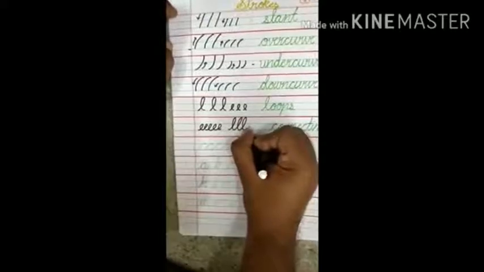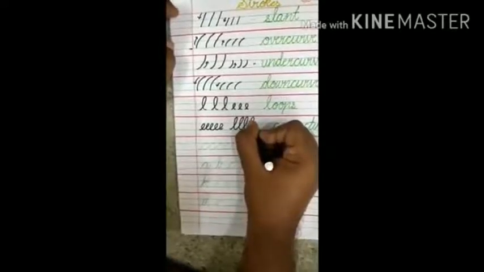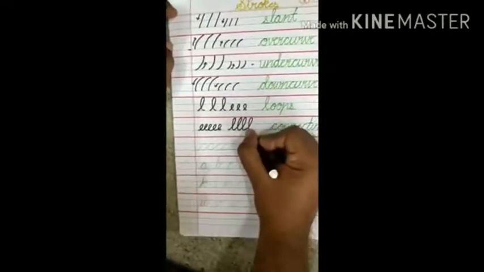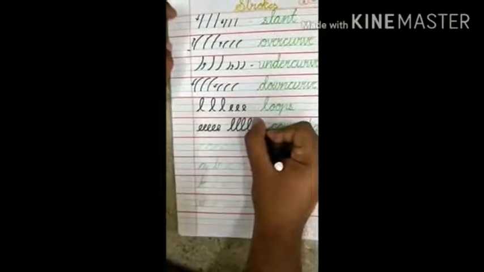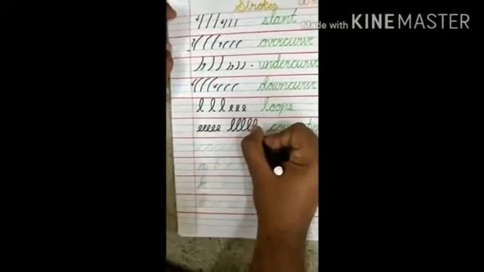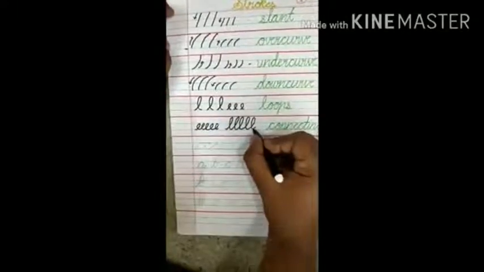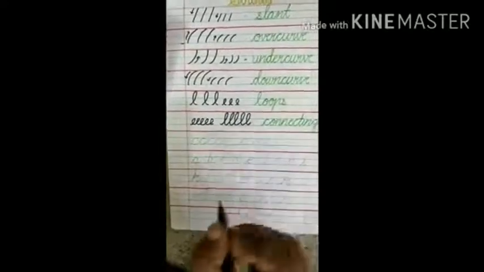See, we're taking the under curve, doing a loop, coming back with a slant, under curve, loop, slant, another loop, another under curve. You see, children, this is how you connect with the under curve.